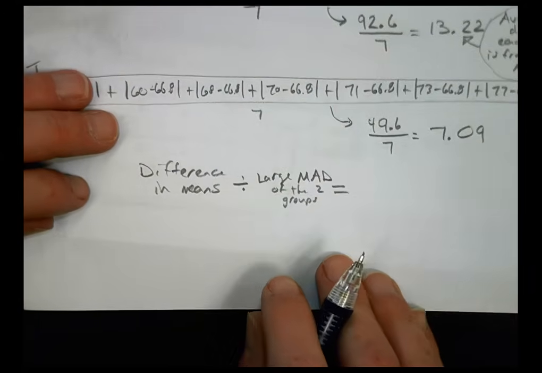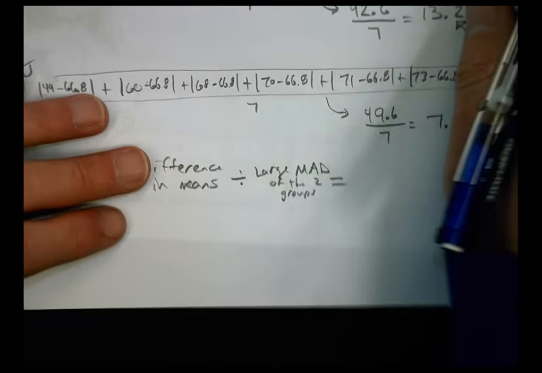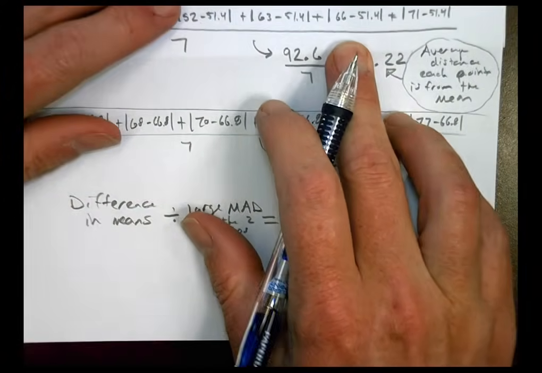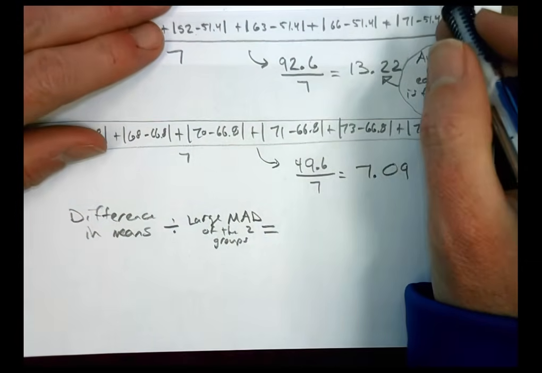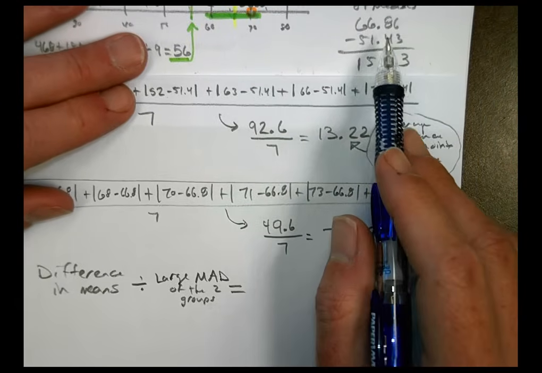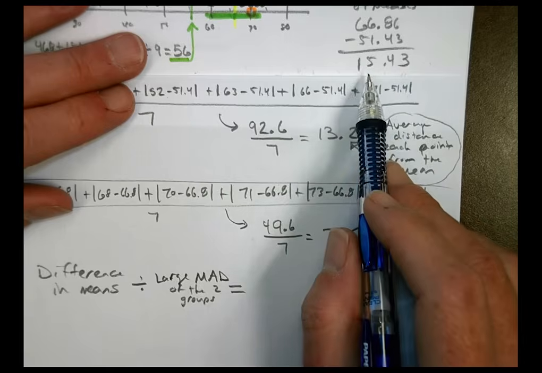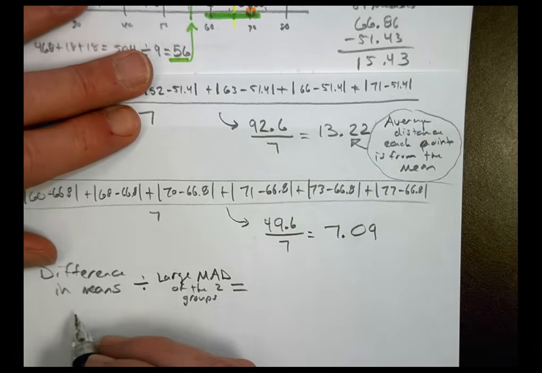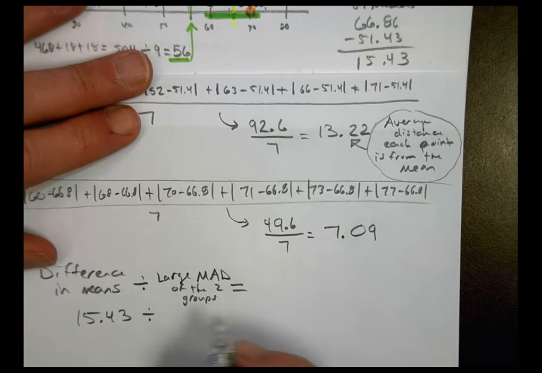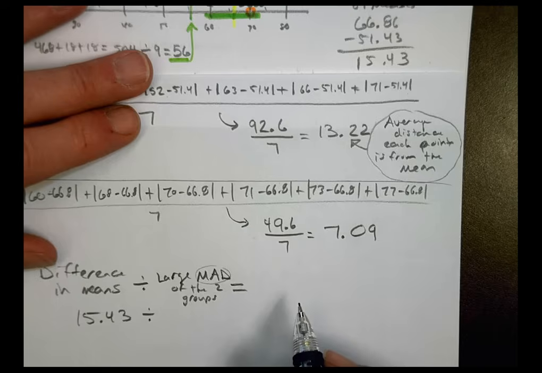So in this case, what was the difference of means? Look back at my notes. We said 66.86 minus 51.43, so the difference of means was 15.43. And I divide that by the larger mean absolute deviation here.